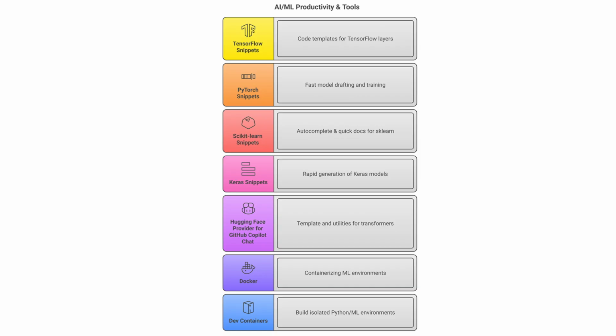Keras snippets: rapid generation of Keras model architectures. Hugging Face: provider for GitHub Copilot Chat, with templates and utilities for transformers, datasets, tokenizers. Docker: containerizing ML environments for reproducible training. Dev Containers: build isolated Python ML environments with correct dependencies.